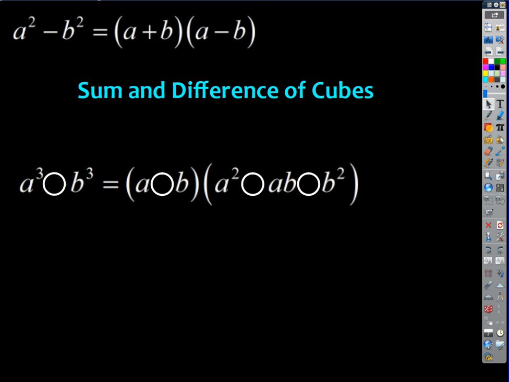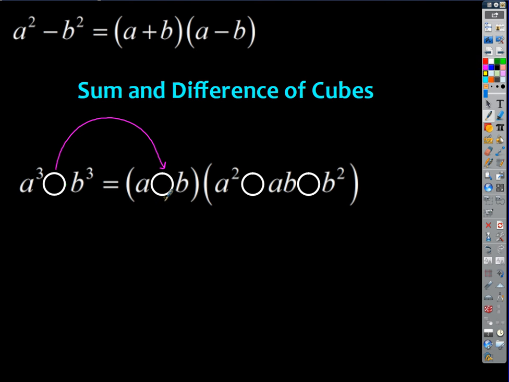You can see the pattern better if you look at it this way, right? So if I have either a plus sign or a minus sign there, meaning a sum of two cubes or a difference of two cubes, things that are being cubed is what I mean when I say cubes. Here's the pattern. Whatever shows up here is automatically going to end up there. Then it's going to alternate.